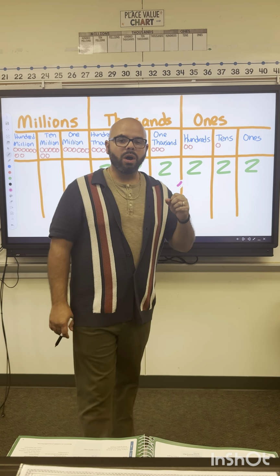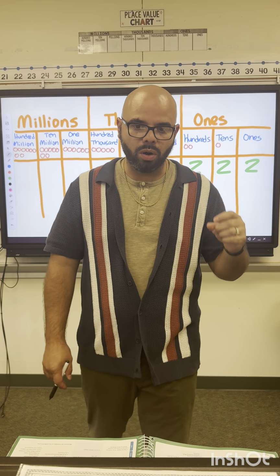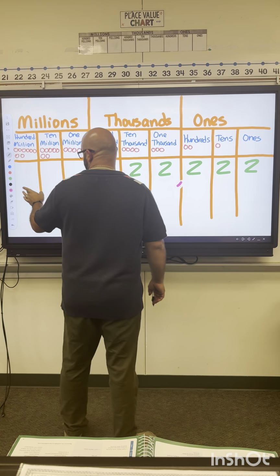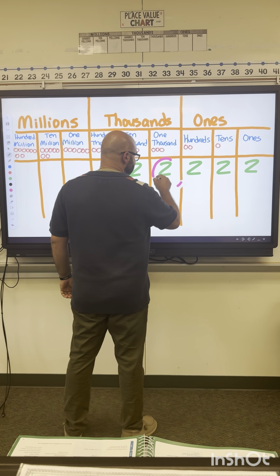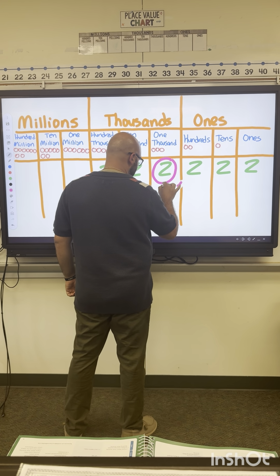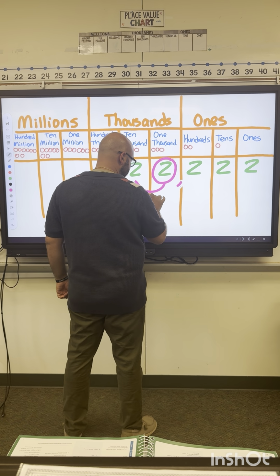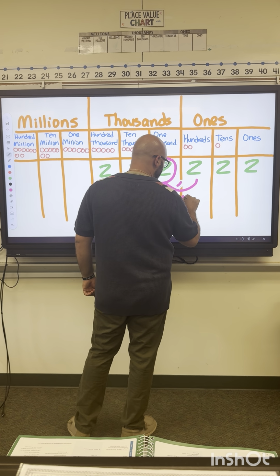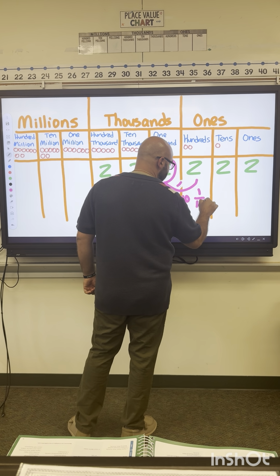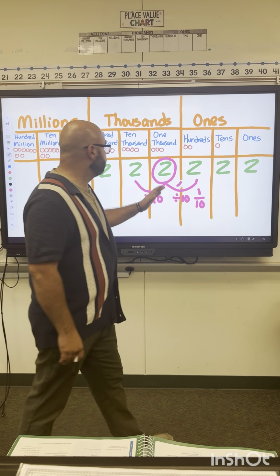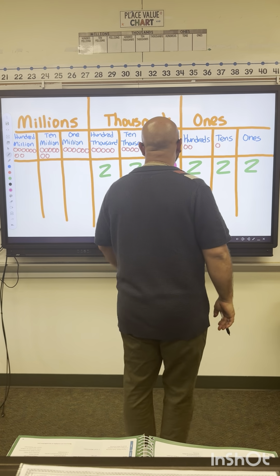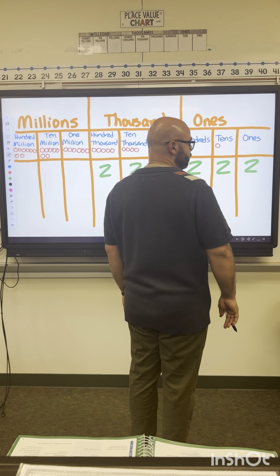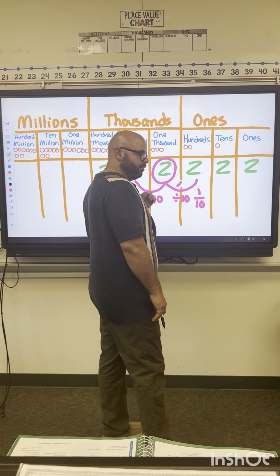Again, what digit is 1/10 less than the number in the 1,000ths place? 1/10 less, that means it is not times 10, but is divided by 10, or 1/10 less. So the number to the right of the place value that they're mentioning is always going to be 1/10 less than the number on the left, okay?